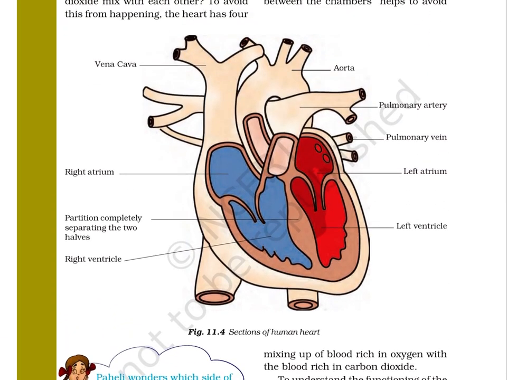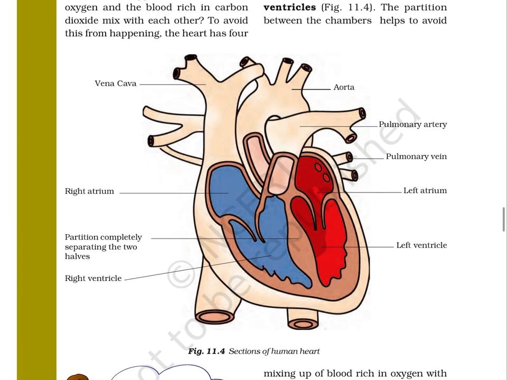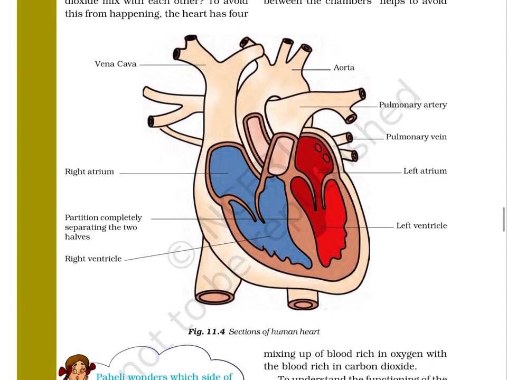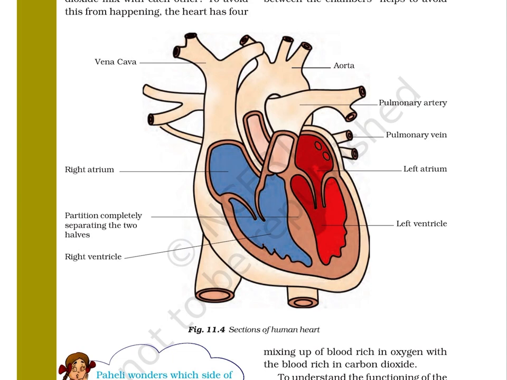At the top, in the shape of a tube, is the vena cava. Below it is the aorta. Below the aorta is the pulmonary artery. Below the pulmonary artery, again in the shape of a tube, is the pulmonary vein. Now, around the center, we can observe the left atrium and the right atrium.